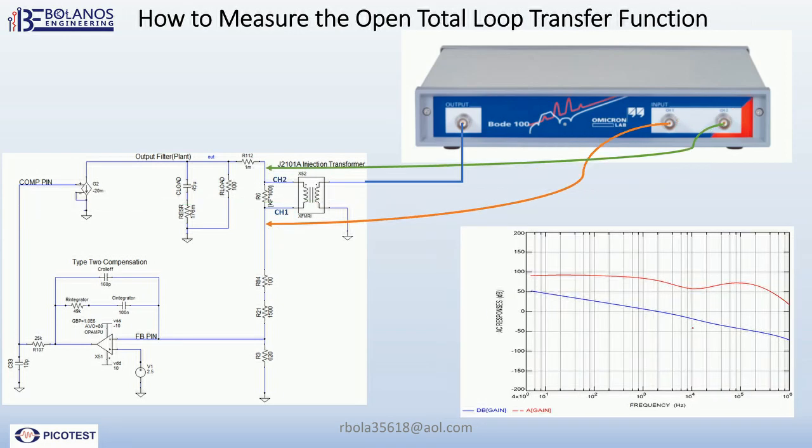And now that we've done that, now we're ready to measure the output of the loop response. And to connect that, we connect channel 2 to the high side of the injection resistor. All right. And then channel 1 will go to the low side.